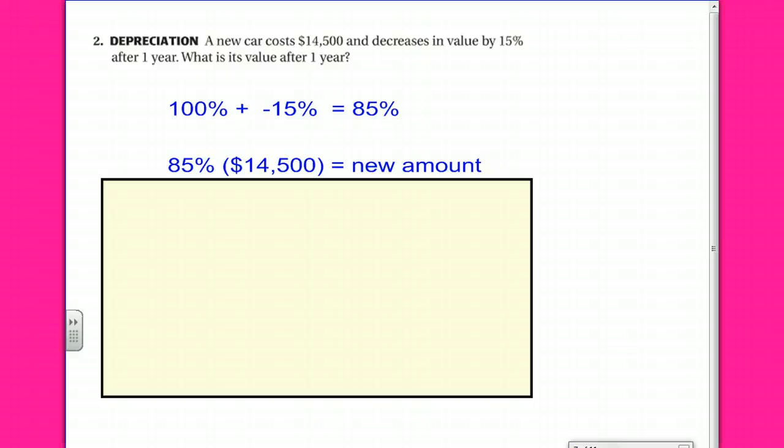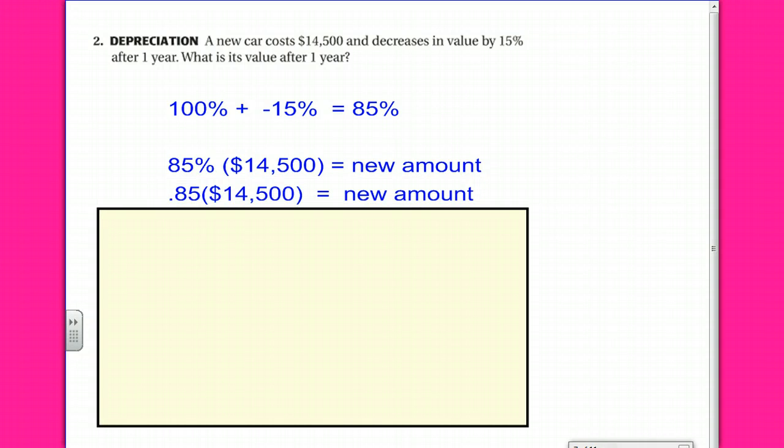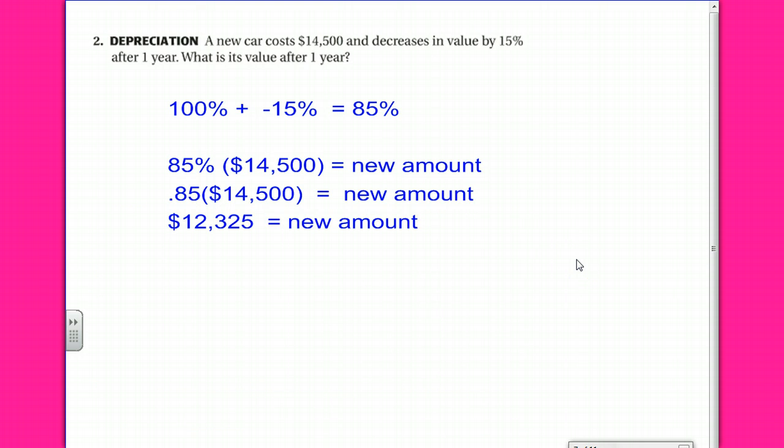Lauren? 0.85. Good, 0.85. So we simply multiply 0.85 times the original amount. And that you could go do over off to the side. Do you have it, Stuart? What do you have? 12,300. Let's see if you're right. Yes, $12,325, the new amount. So make sure you have this really clearly down in case you face this type of a problem and you want to check the steps out with this.